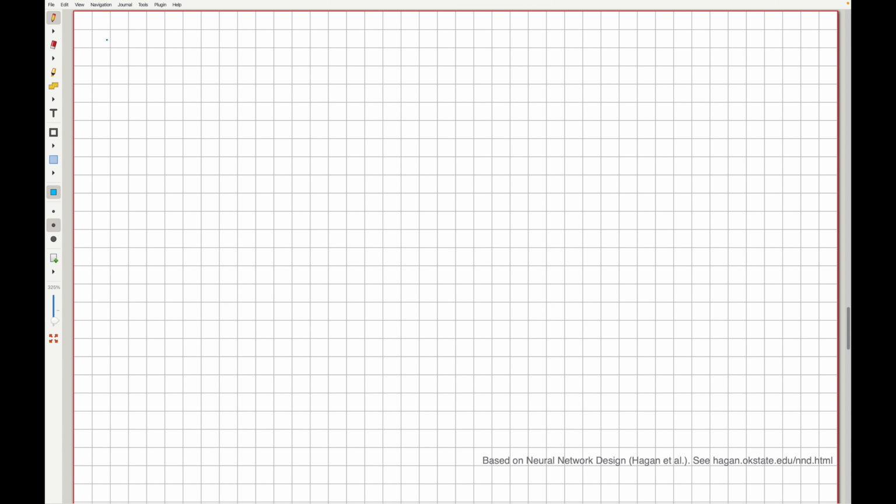We have the first data point P1, equal to 1, minus 1, minus 1, and the correct target class for that, T1, is equal to 0. And then we have another data point P2, equal to 1, 1, minus 1, and T2 is again 1.